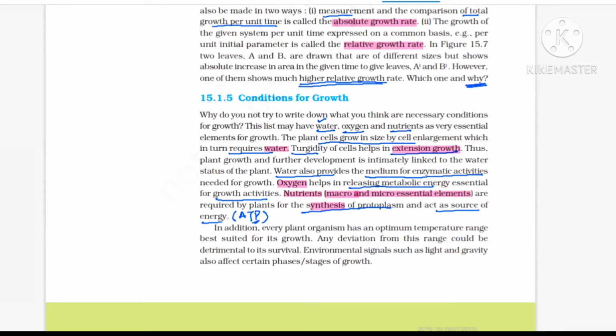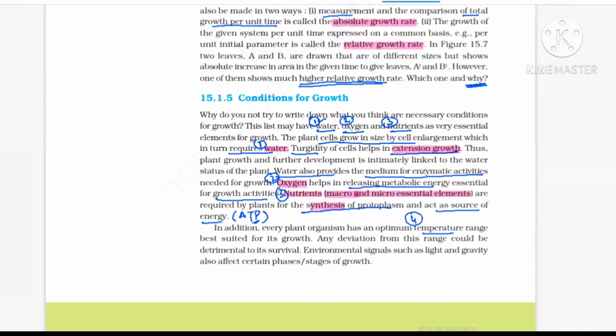Now, every plant organ, apart from these three, please, it is very important, learn these conditions. First is water, second is oxygen, and third is nutrient. We have understood the role of each. In addition to this, they are having temperature also. If any temperature deviation is there, obviously it will affect their survival. So next is temperature.